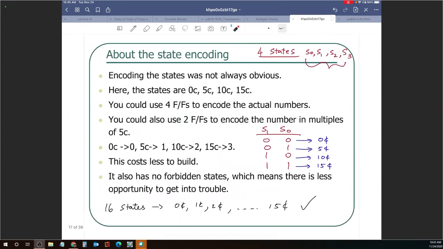So we talked about the state encoding and the fact that we could have many different variations, but that actually affects our number of states. Now, if you think about this, if you have 4 states, how many flip-flops would you need for 4 states? Number of flip-flops.